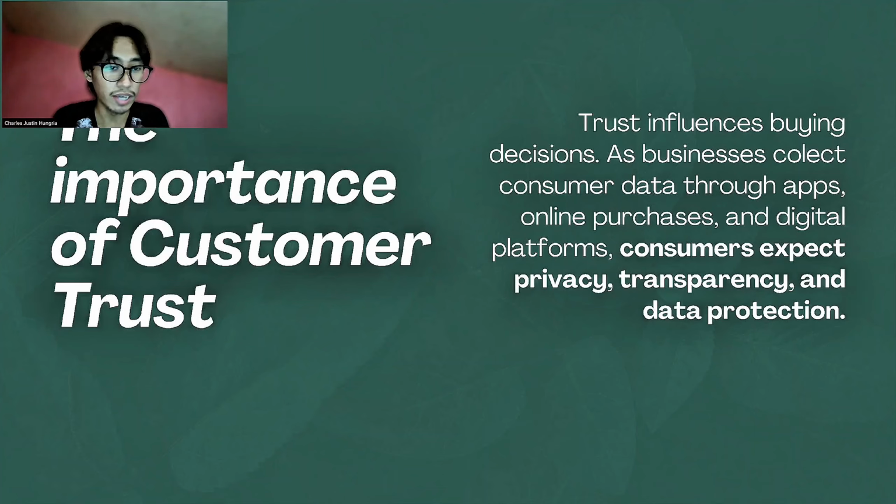The article emphasizes that businesses must gain consumer consent, remain transparent, and protect personal information. This is important because trust affects consumer behavior. If consumers trust a company, they are more willing to buy, share information, and remain loyal customers.